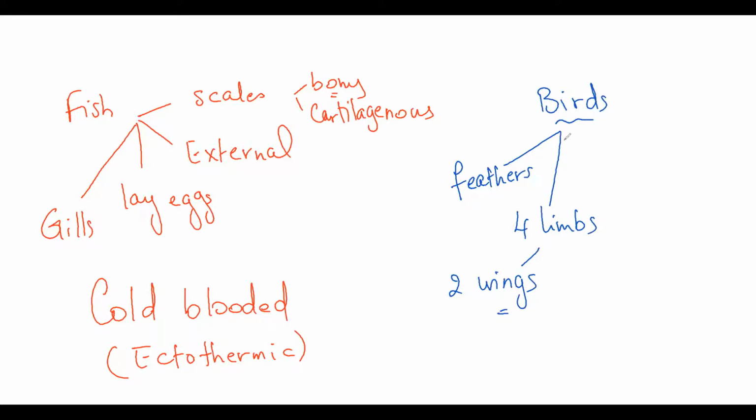Now, its bones, they have light bones, because when they fly, they have to be light in weight so that they can fly. If their bones are heavy, they're going to fall down. And they lay eggs, of course, and sit on them.